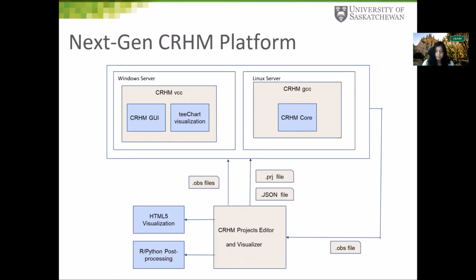And we didn't only migrate the CREAM software to a new language, we also proposed a new architecture for the software so that users can interact with the input files of the system in a standard way.